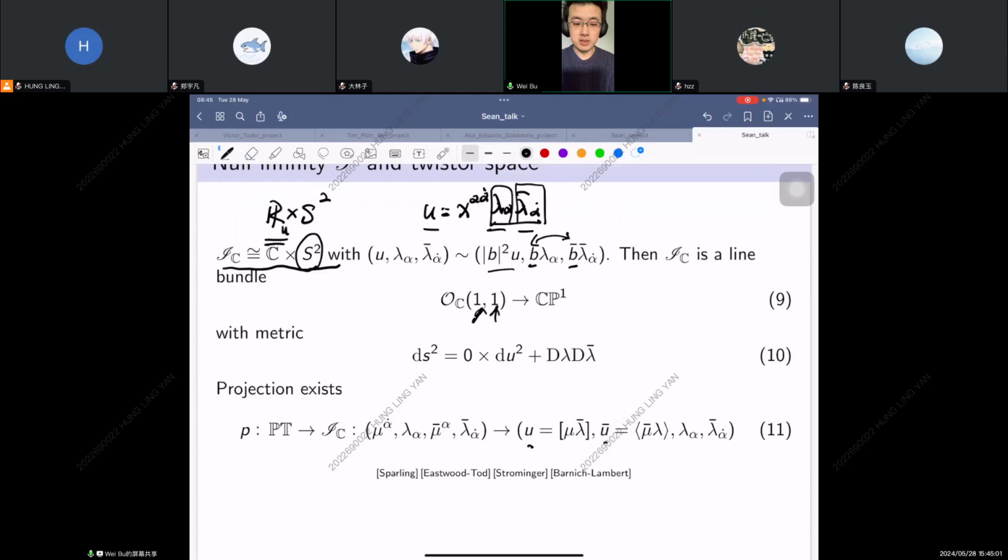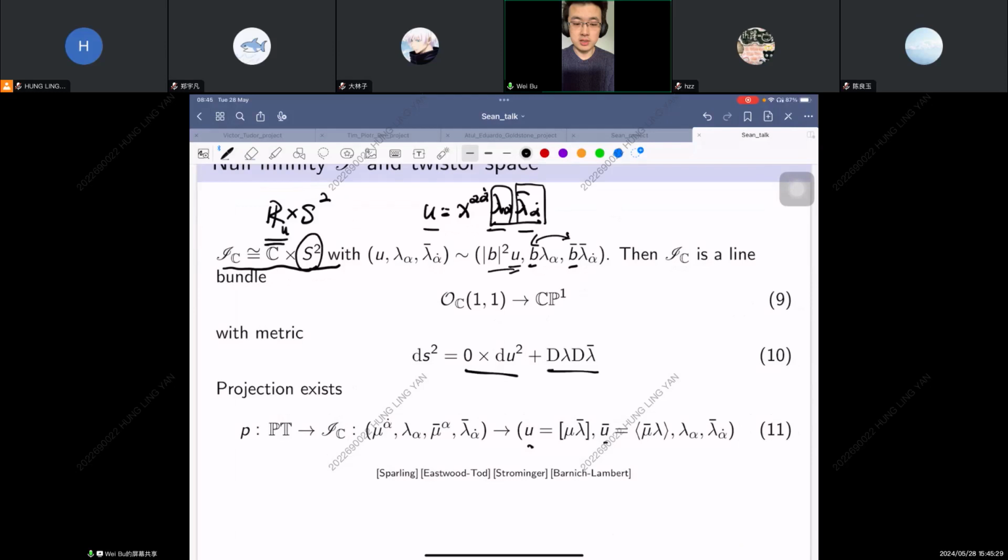Street legal, this is not the right way to write it. It's actually a CP1 cross CP1, but that would be full complexification. But this notation, to me, in a street-legal way, just means I'm slightly complexifying u, but not the sphere. And scri has a metric that is quite degenerate, with a 0 in front of the du squared and the usual stereographic projection coordinates on the sphere.